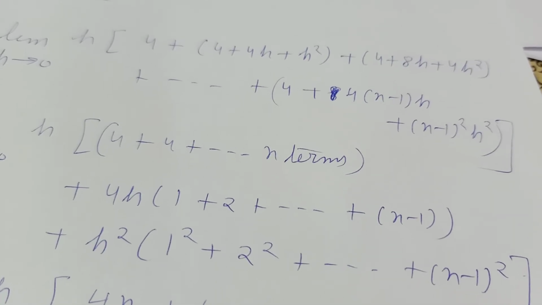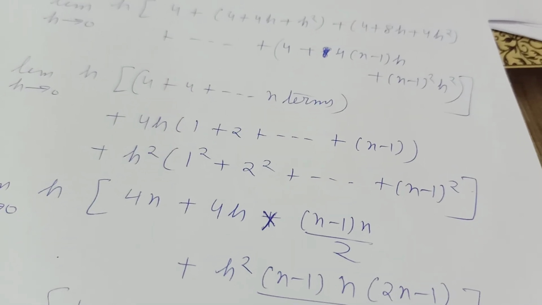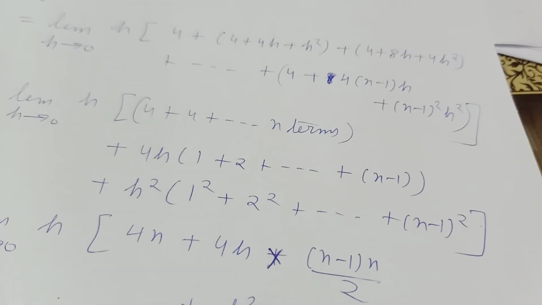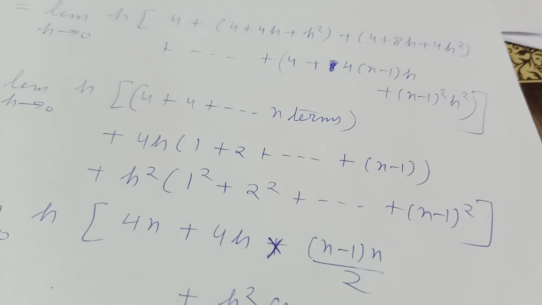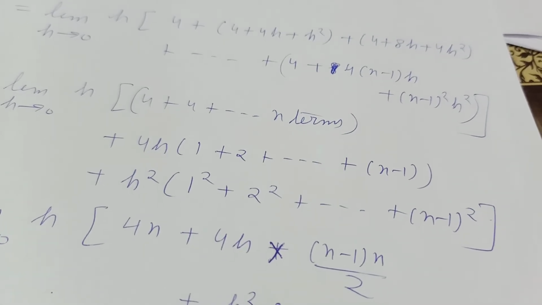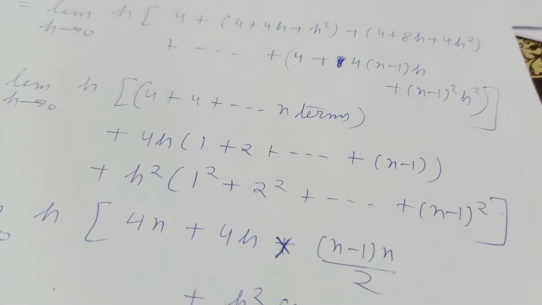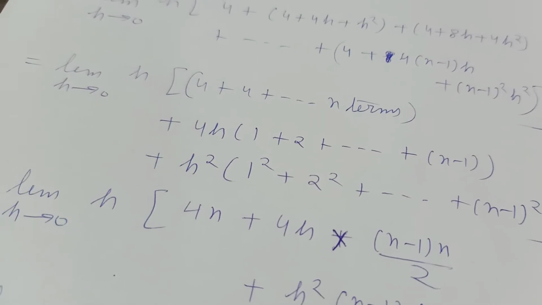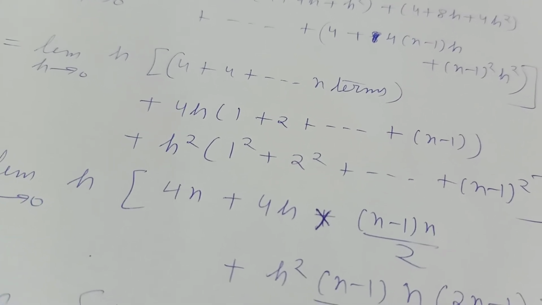Actually 4h will come out as common, so you will get 4h into (1 + 2 + up to n-1). Then we take the terms containing h square and take h square common, so what remains is 1 square + 2 square + up to (n-1) square. Now 4 + 4 + 4 up to n terms will be 4n.